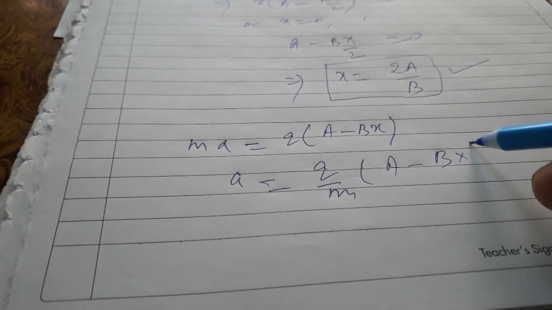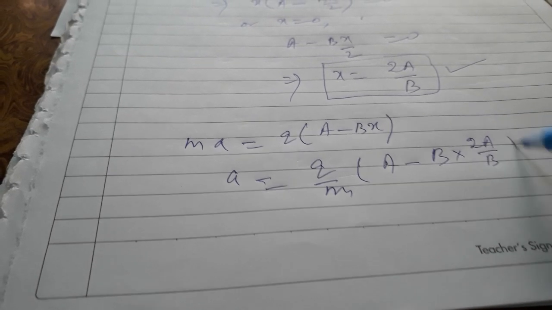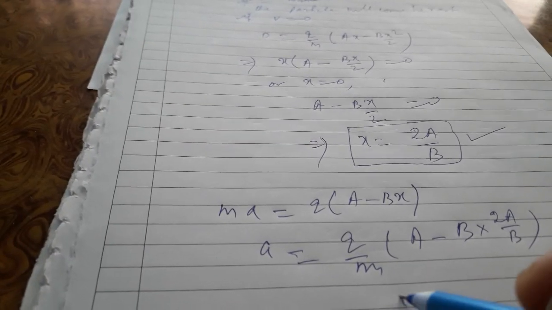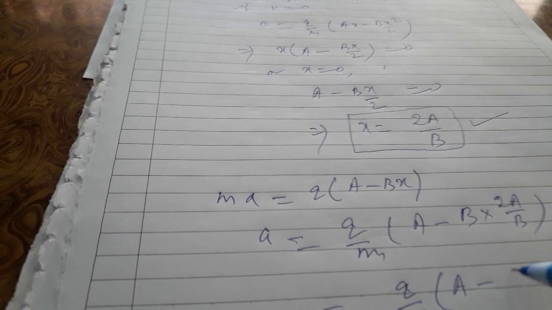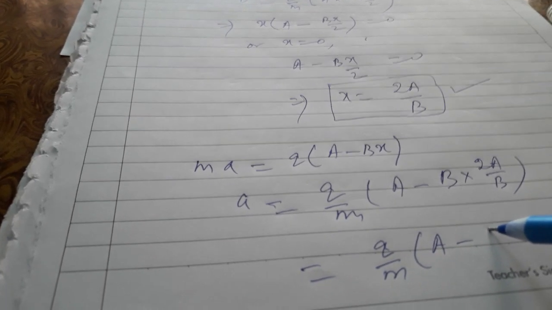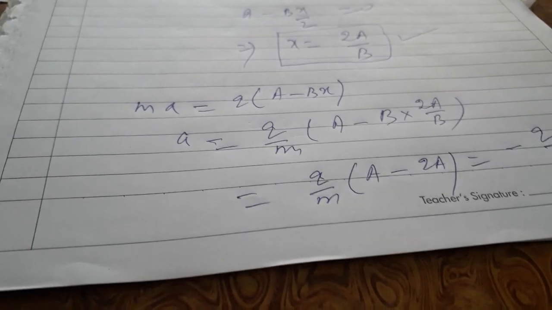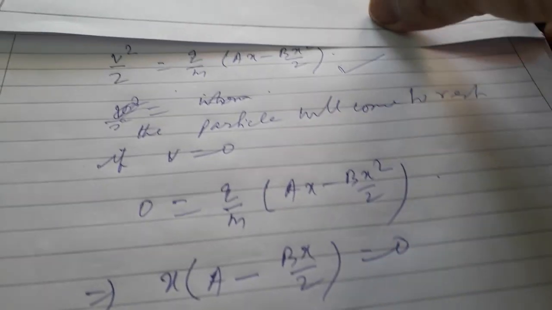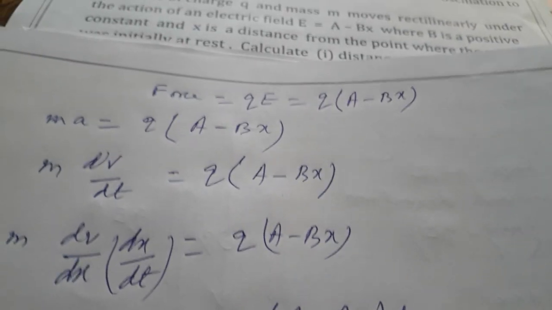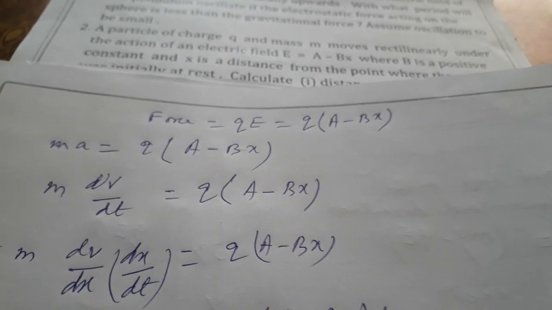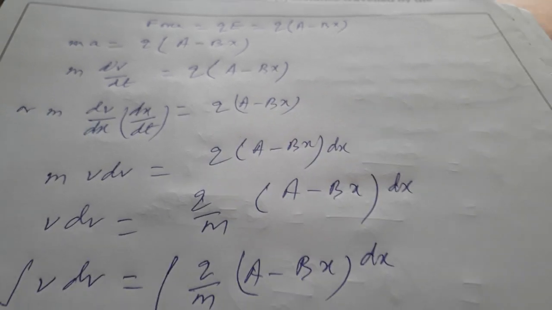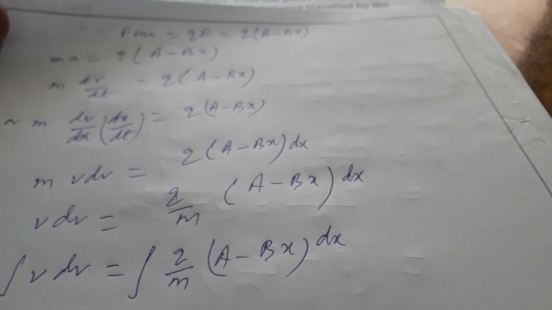What is the value of x? 2A by B. So we get Q by m into A minus 2A, equal to minus QA by m. This is the acceleration. So you can see once again, force equal to QE. You see how it can be calculated.